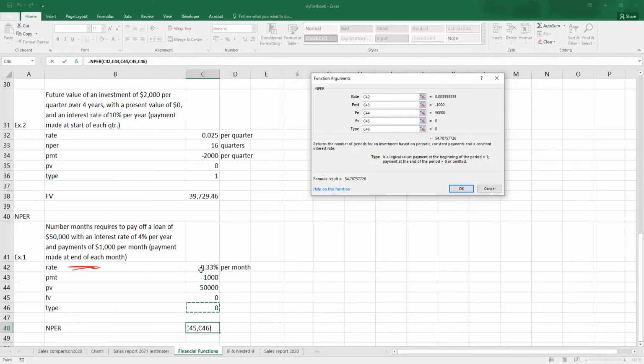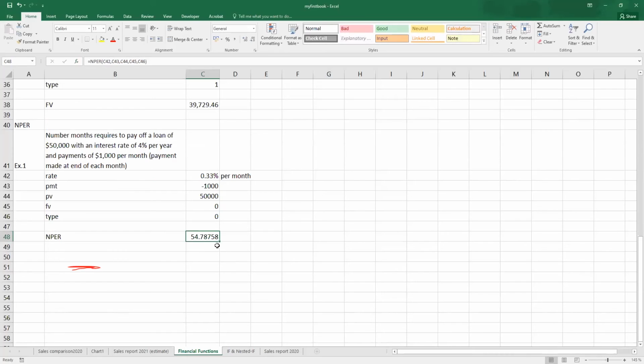You can see that in here, the intermediate result is showing 54.78. What is the unit of 54.78? It means 54.78 months.